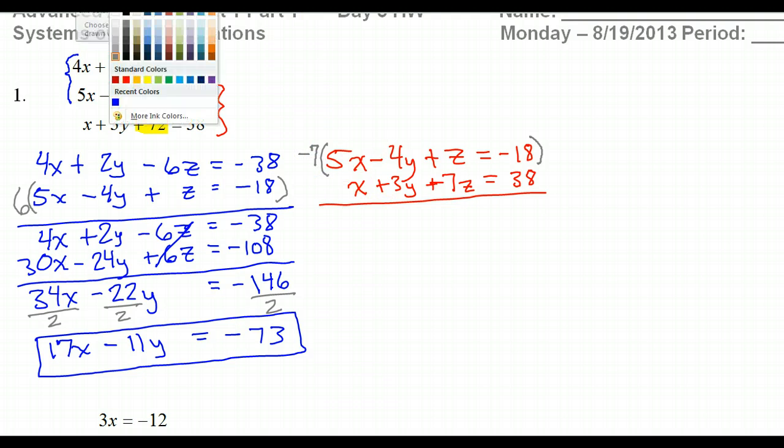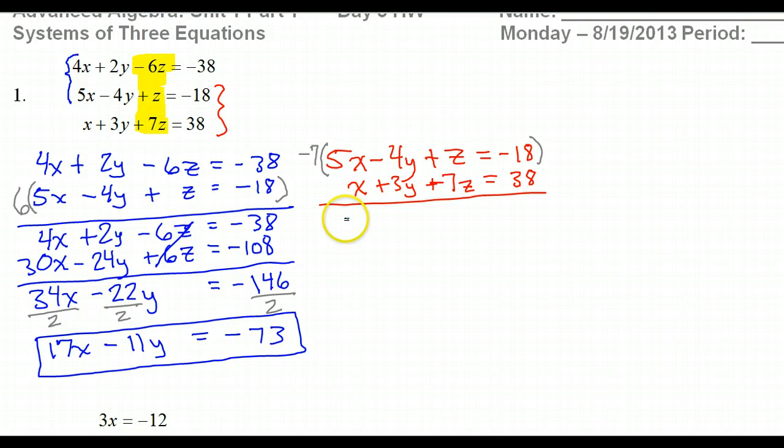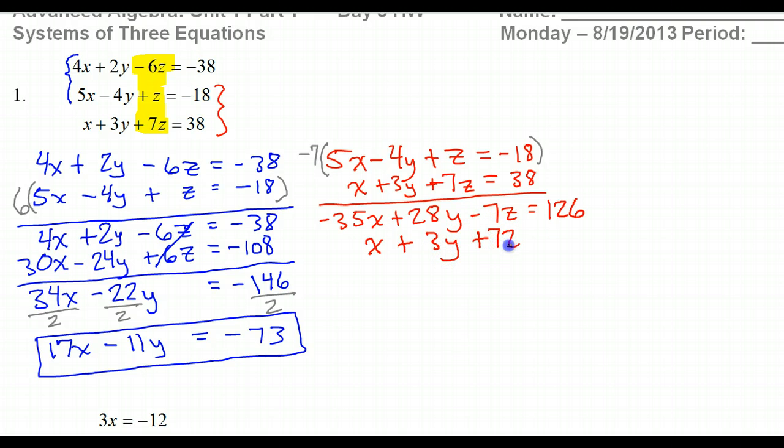So I'm just going to recopy. So now I'm going to have negative 35x plus 28y minus 7z is equal to 126. Now the bottom equation just stayed the same. x plus 3y plus 7z is equal to 38.